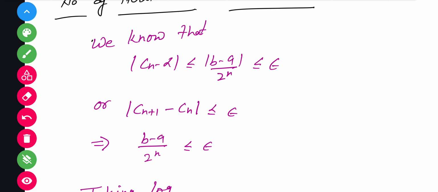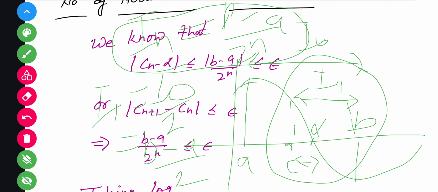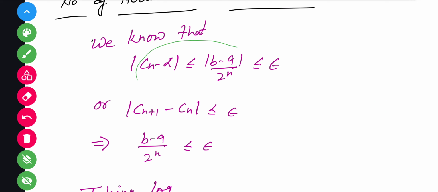While approximating, I am given the tolerance value. So the length of the interval should be less than the tolerance value. So this value should be less than the tolerance value, right?